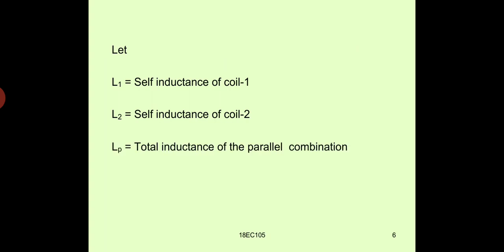Let L1 be the self-inductance of coil 1, and similarly L2 be the self-inductance of coil 2, and LP be the total inductance of the parallel combination. Then the self-induced EMF in coil 1 will be E1, equal to minus L1 into di1 by dt.